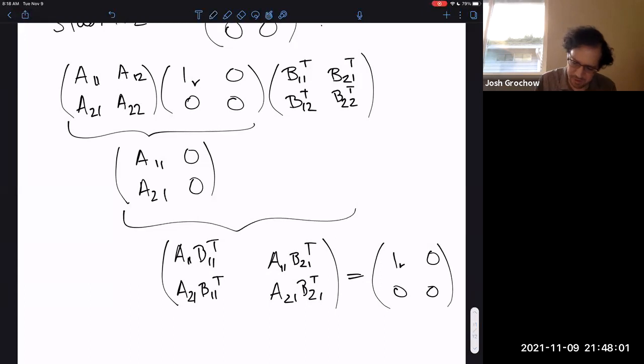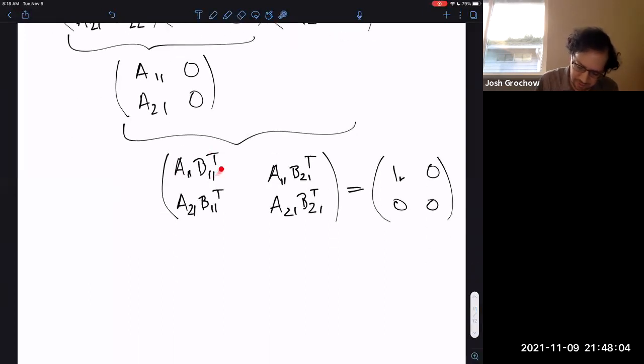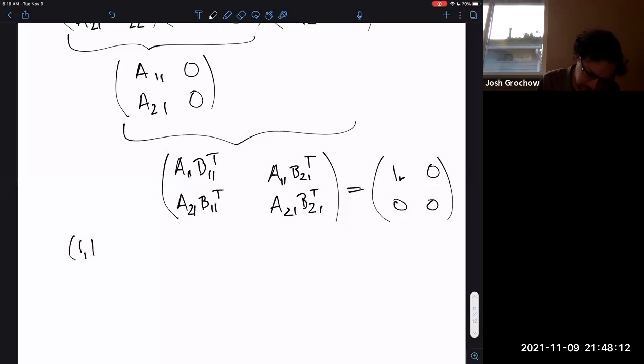Okay, so what does this tell us? Well, if we look here, this tells us that A11 and B11 are invertible. So the 1,1 entry tells us A11 B11 transpose is the identity, maybe I should just say B11 transpose is A11 inverse. So they're both invertible.